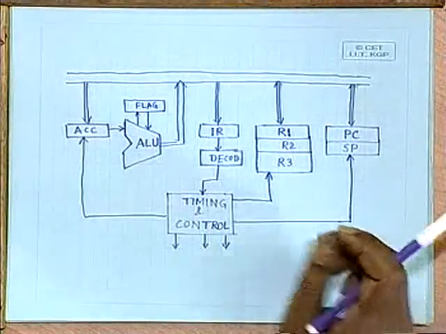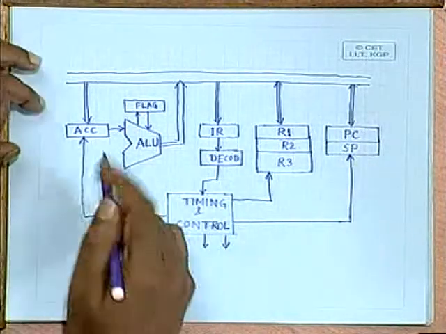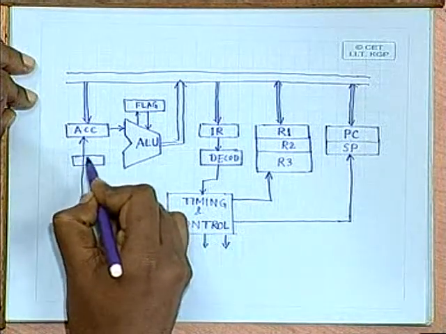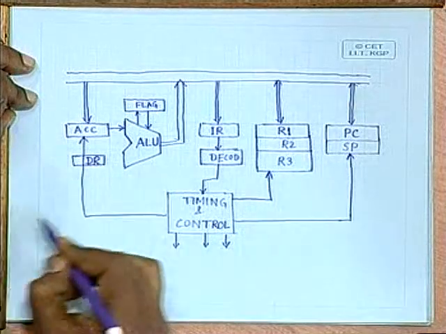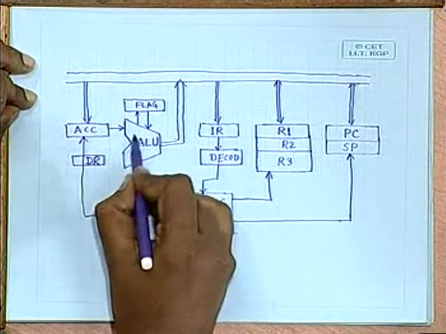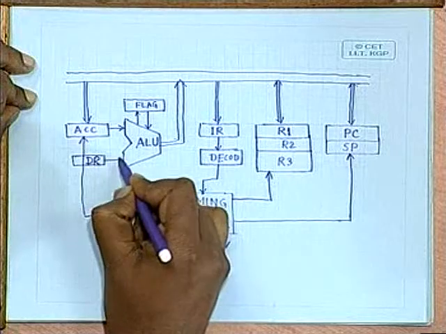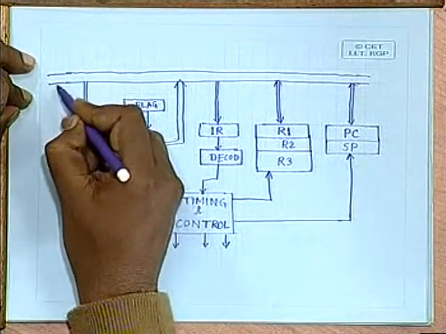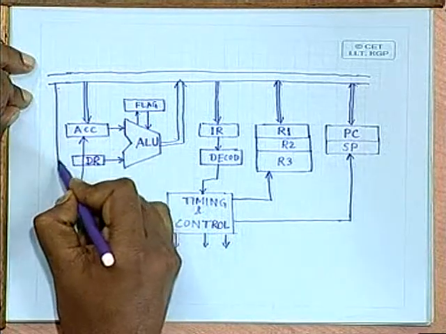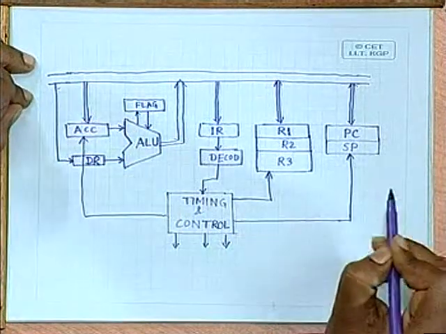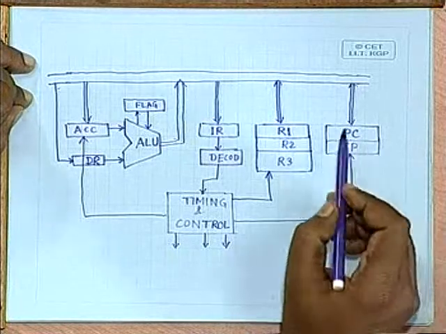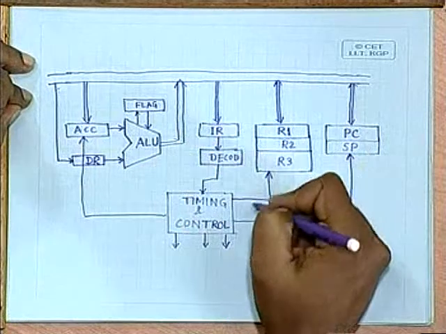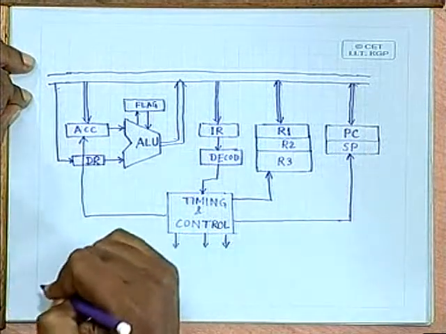So, this particular register in some of the CPUs is called a data register or DR. So, one of the inputs to the ALU is given from the accumulator, the other input to the ALU is given from this data register DR, and obviously, this data register also should have a connection to the data path. So, in general, this is the internal architecture of any of the central processing unit.